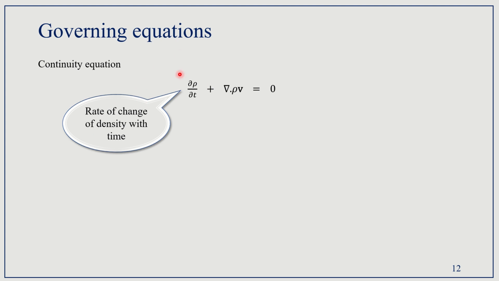The second term is the convective term, which represents the mass change due to the fluid motion, that is, how fluid flow affects the mass inside the system.